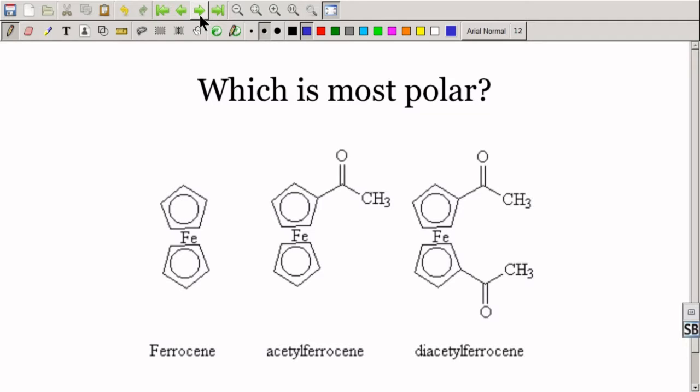However, it's not clean. You acylate once, you acylate twice. And so whenever you run this reaction, you get all 3 of these compounds in the crude product. It's not a clean reaction. The nice thing is that these are different colored.